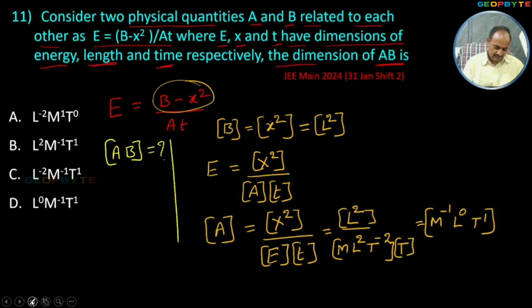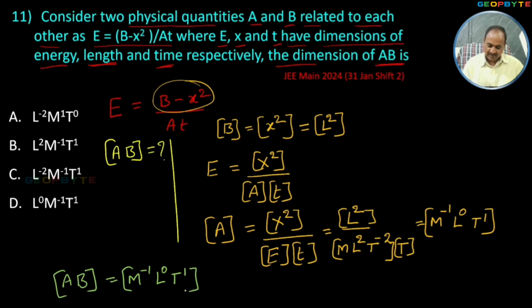But you need to decide the dimensional formula for the product of A and B. A dimensional formula M inverse L power 0 T power 1, multiplied by B, L power 2.